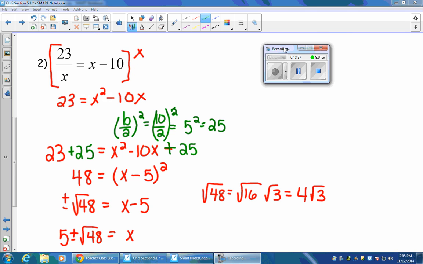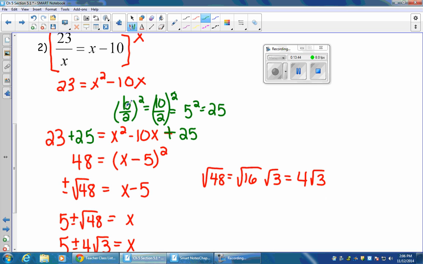Okay, so we have 23 equals x squared minus 10x. We took our b term, divided it by 2, squared it. 5 squared is 25. We add the 25 to both sides. Combine this, get 48. Simplify this by factoring, or what we call reverse FOIL, x minus 5, x minus 5.